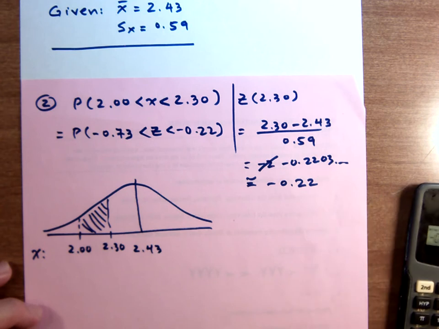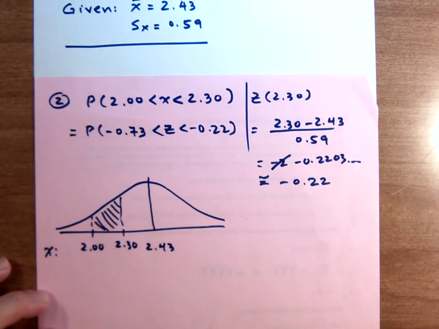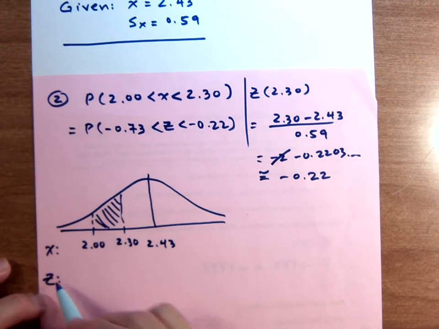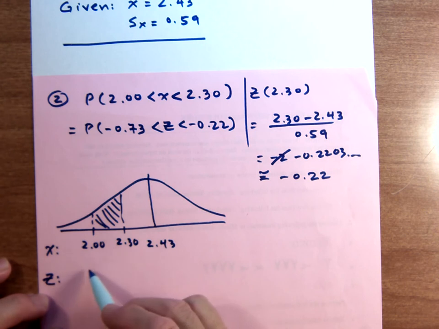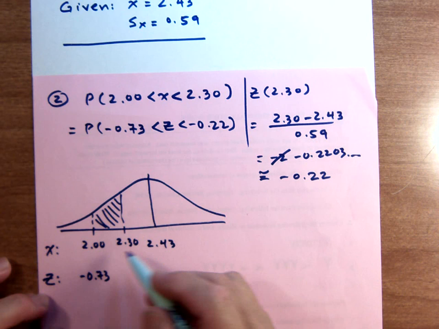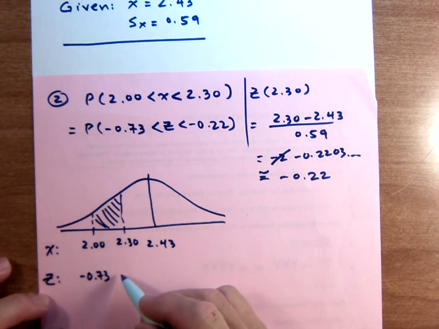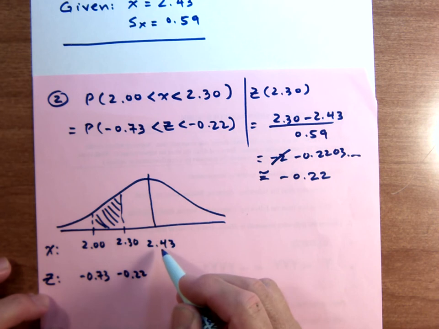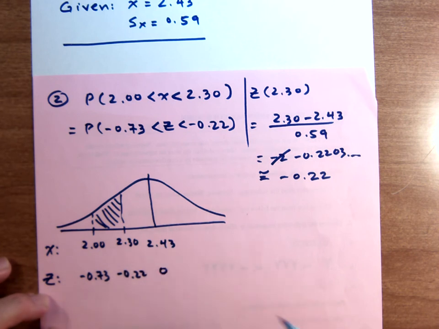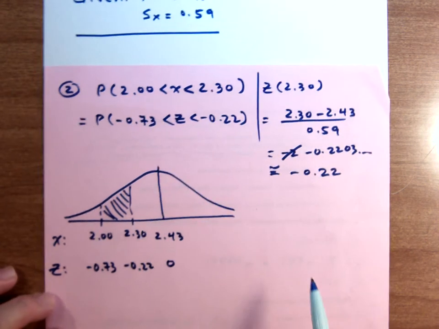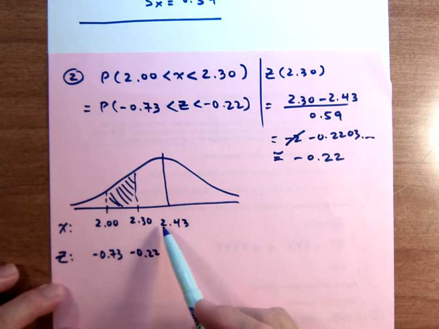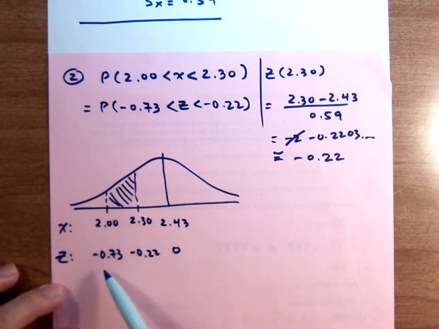What I want is the area shaded right here. The z values are: 2.00 of x was negative 0.73, 2.30 of x was negative 0.22, and of course at 2.43, the z is 0. So you can relate each of the x values with the corresponding z values.